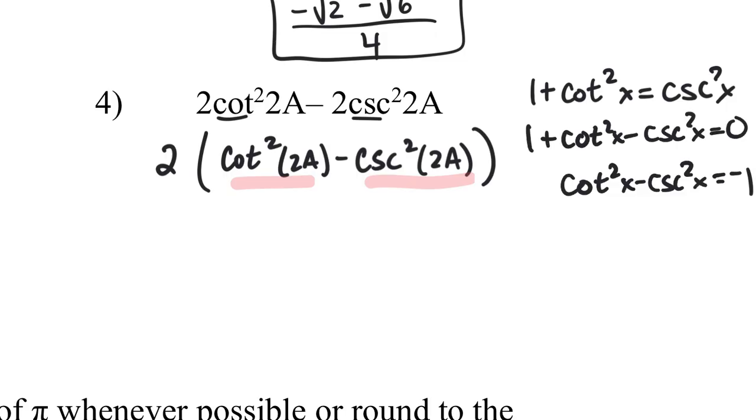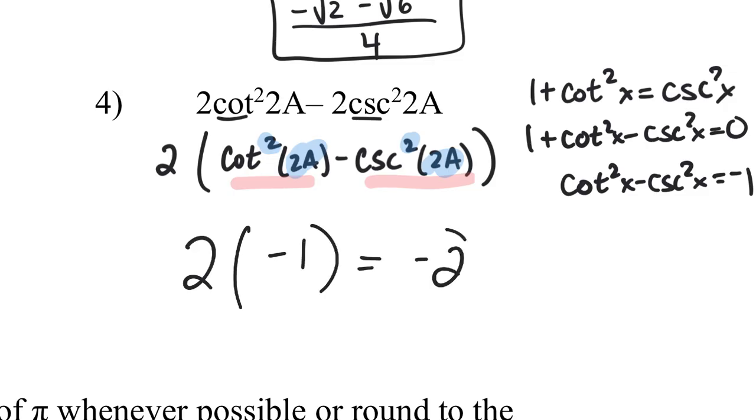So all the chaos here, all the two ways and the squares, really what it's trying to get you to see is that this is a Pythagorean, that the two ways are kind of a distractor. So the 2 is still on the outside. It's going to be multiplied times -1, and we get an answer of -2.